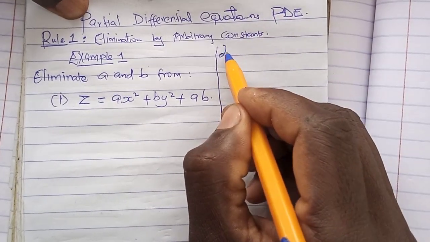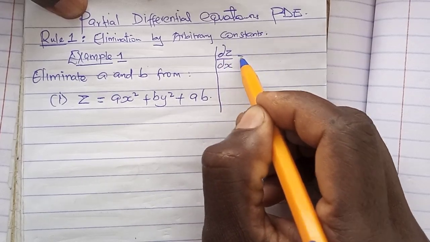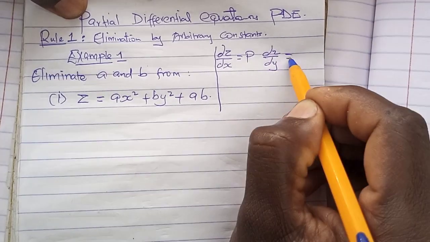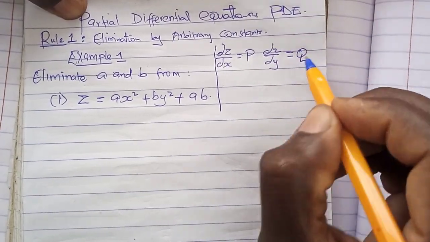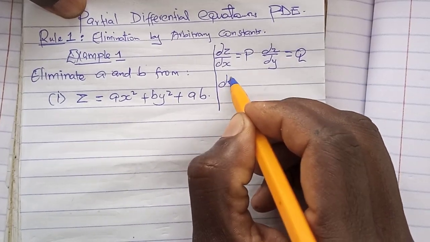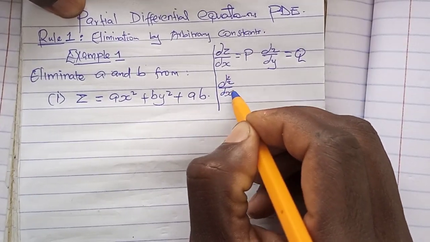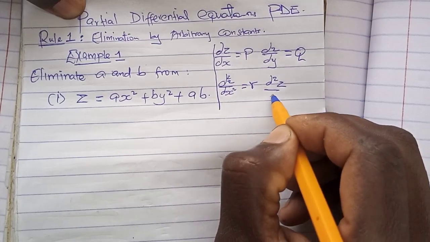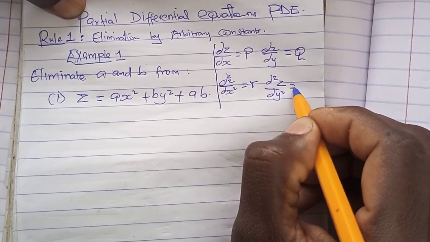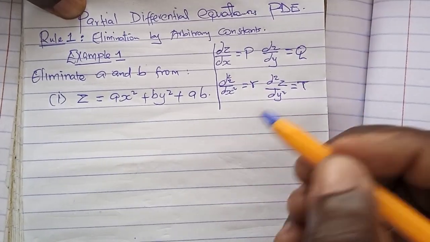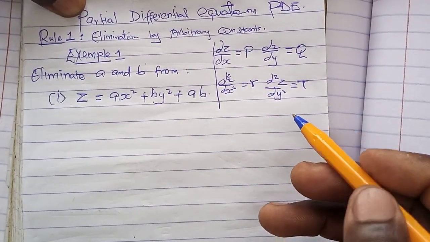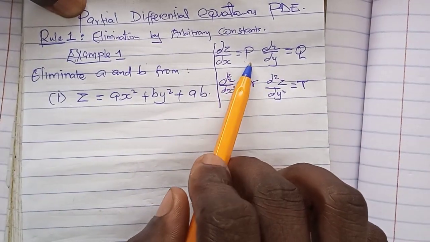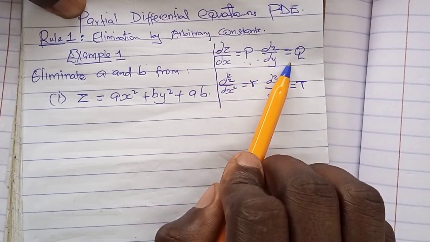The first one, partial Z over partial X, gives us P. The second, partial Z over partial Y, gives us Q. Then partial squared Z over partial X squared gives us R. Partial squared Z over partial Y squared gives us T. The last one, partial squared Z over partial X partial Y, gives us S. Now let us focus mainly on partial Z over partial X and partial Z over partial Y.